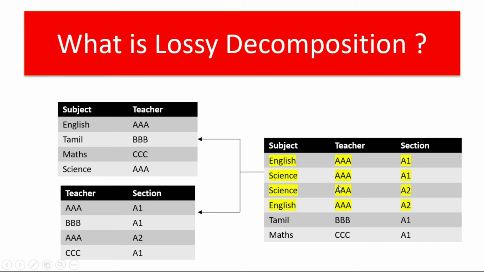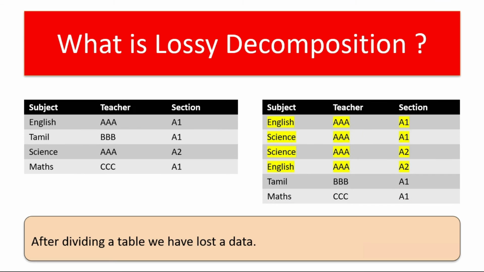Similarly, he handles science for A2, English for A2. So it makes the data look like the teacher handles both sections, both subjects, but that is not actually the case. We must have got the original data while combining the decomposed tables, but instead we got this data. So this is lossy decomposition. Either we lose some data or unwanted data is added.